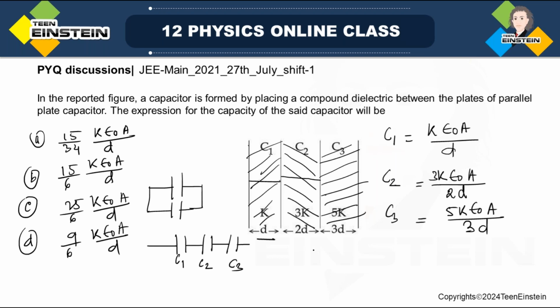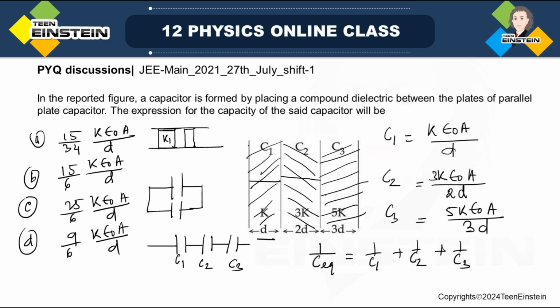So in case of series combination, what we get? 1 by C equivalent is equal to 1 over C1 plus 1 over C2 plus 1 over C3. So this is the typical part where students may make mistakes. In case of parallel combination, suppose you have been given different dielectric material to insert inside, like this.